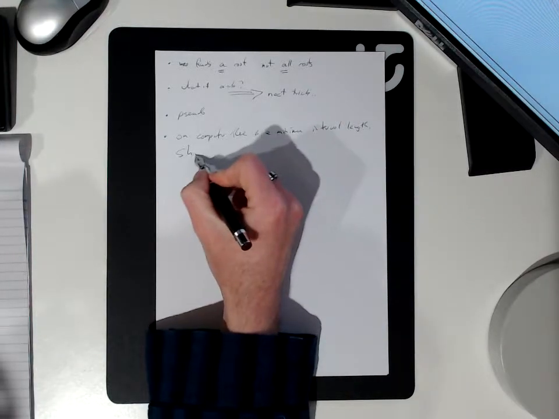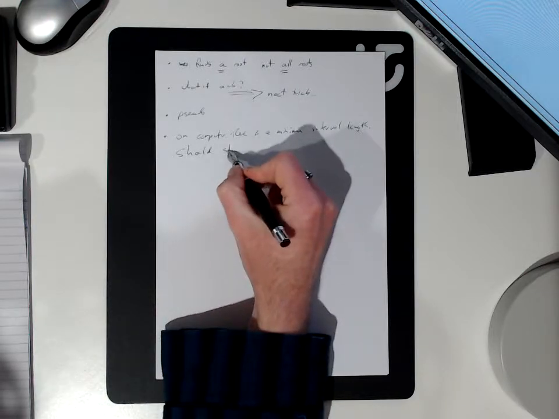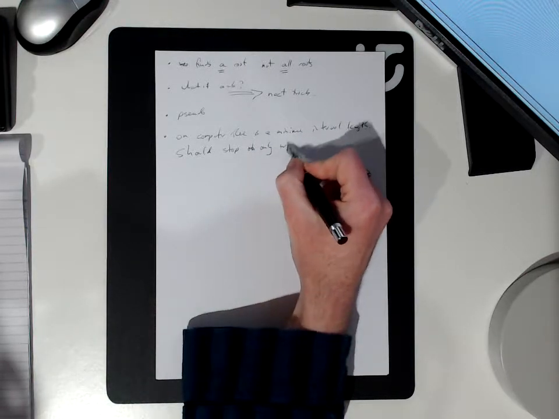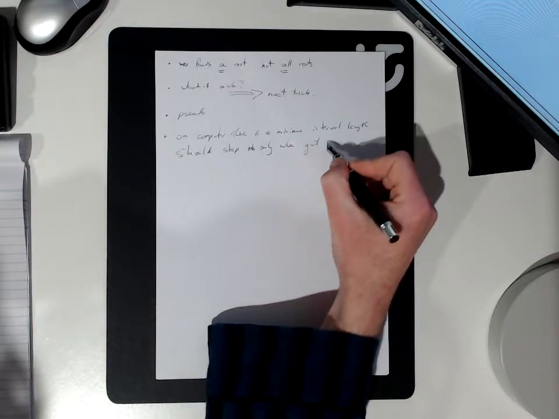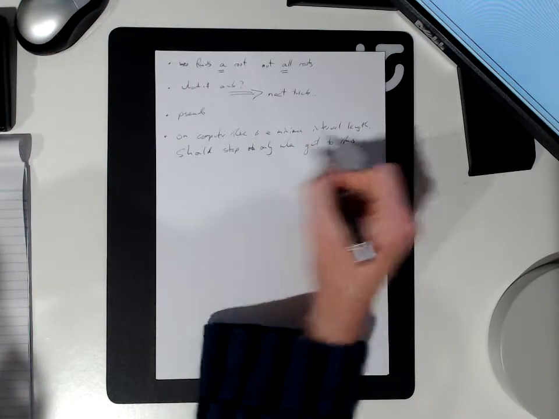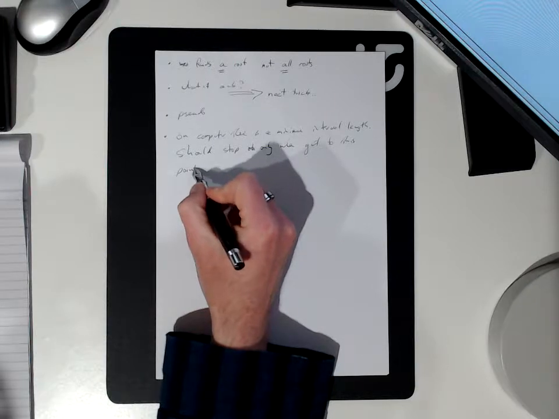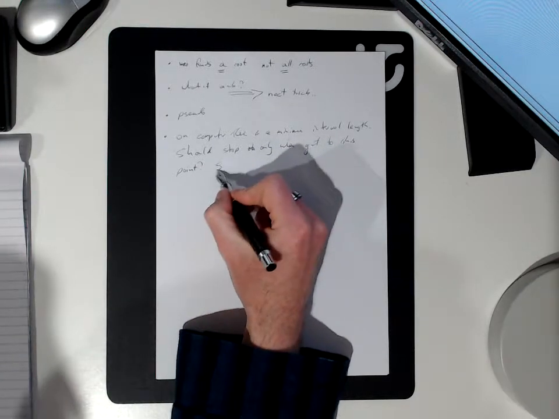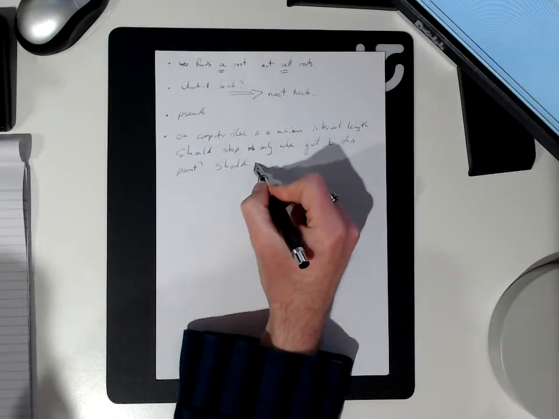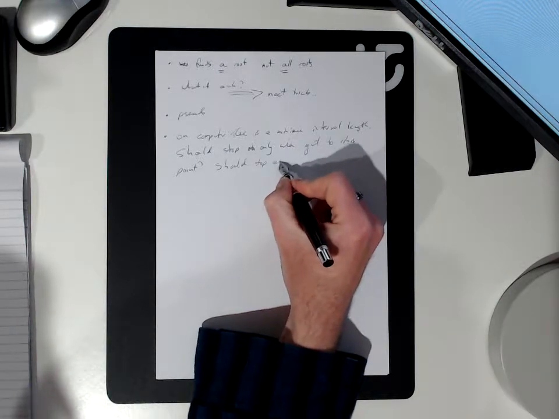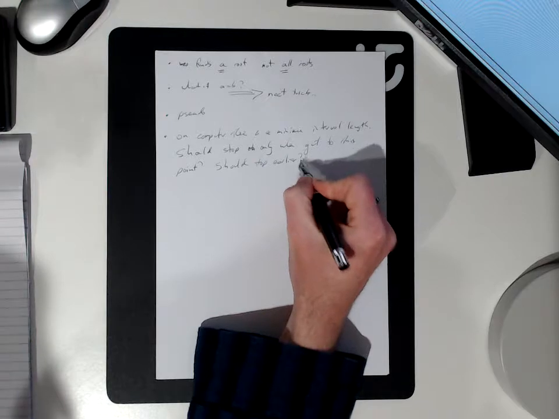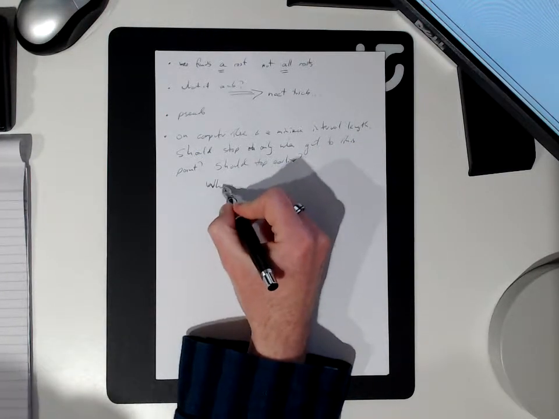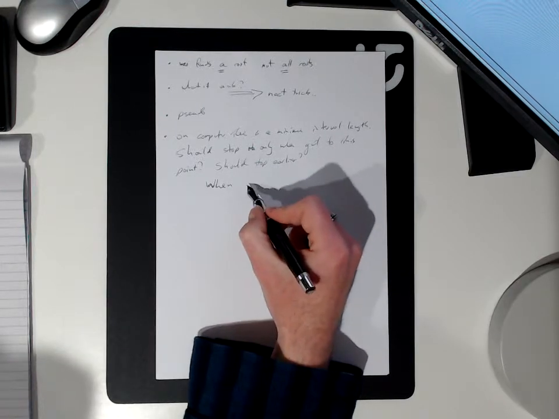So should you stop only when you get to there? Or should you stop a lot earlier? When to stop, in general, is an important question for algorithms.